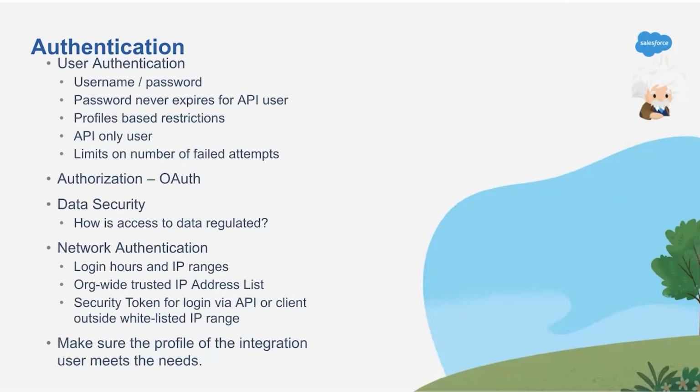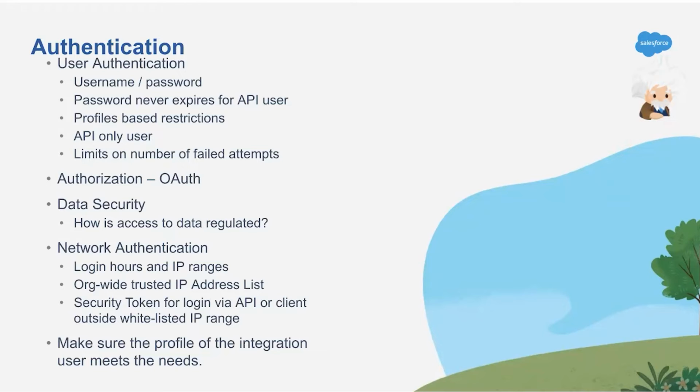So just to consider certain points, right? You'll have to create another profile and mark the password policy as never expired for this API user. You need to make that profile API only. Now API only means that they won't be able to log into the Salesforce environment using the normal Salesforce login.